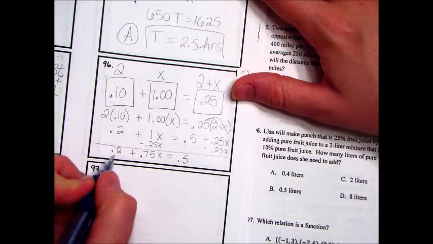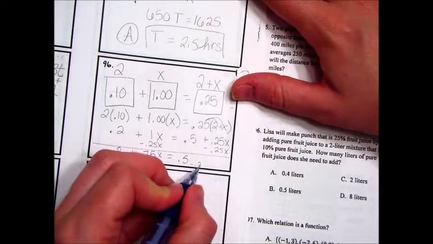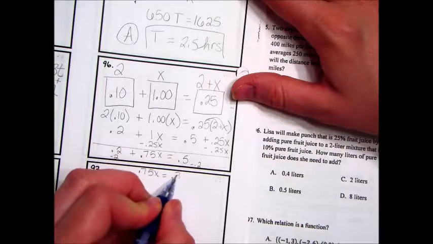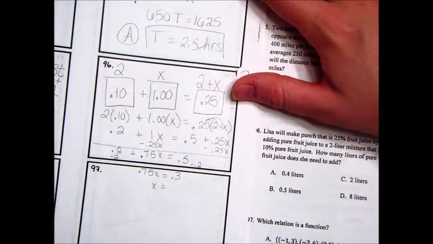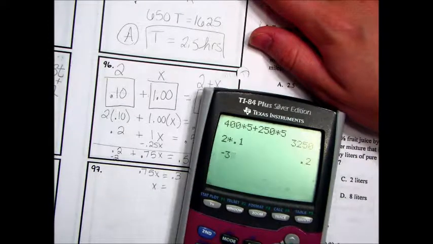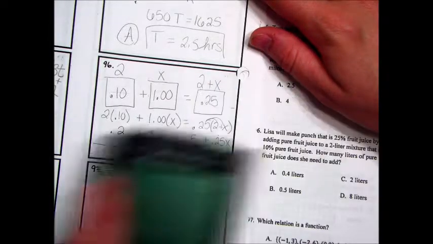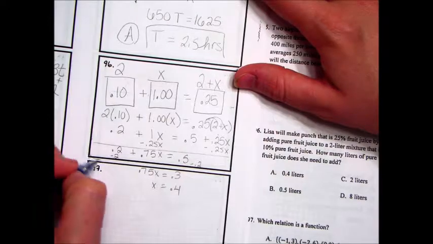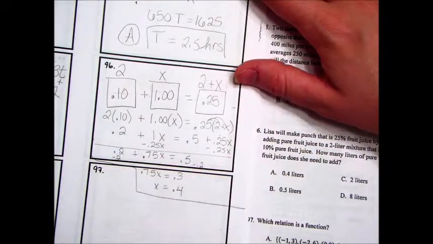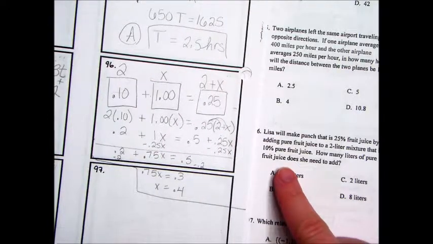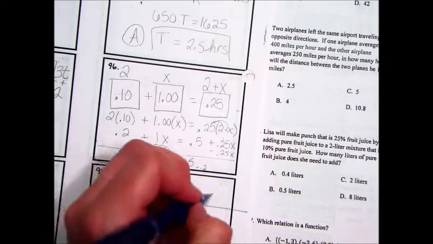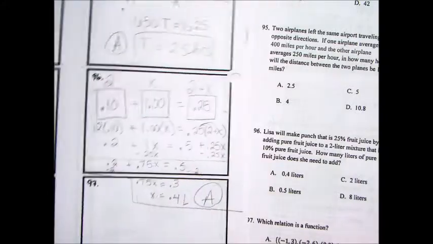So when I minus 0.2, I get 0.75x equals 0.3. And when I divide, I get 0.4. So X is how much she's adding. So it says how much pure fruit juice does she need to add? She needs to add 0.4 liters, which is option A, of pure fruit juice.